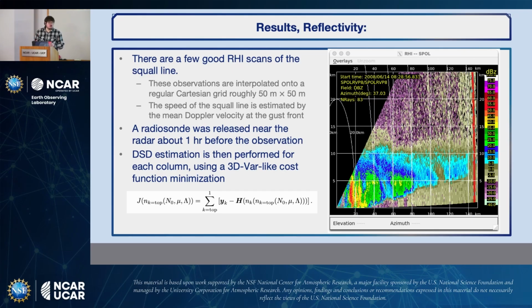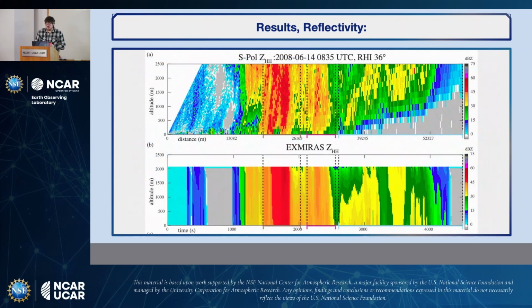There was a radiosonde released about an hour before these observations were taken, so great, relevant information about the thermodynamics. And then we can just build our drop size distributions and run the microphysics simulation and try to back out information about that cooling rate to see if maybe it's close to what we should expect here.